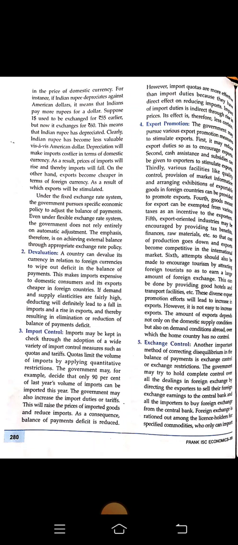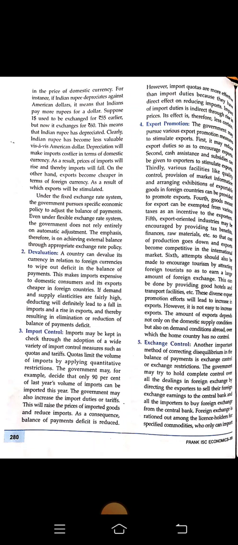Okay, then we are having the provision of market information and arranging exhibitions of exportable goods in the foreign countries, which can be provided to promote export. Fourth point, goods meant for export can be exempted from various taxes. Okay, the products which are made for export, we can exempt, that means we can eliminate or we can reduce the excise duty on those products.